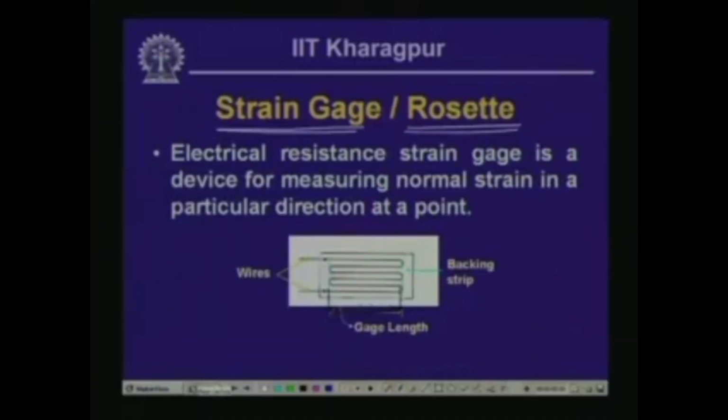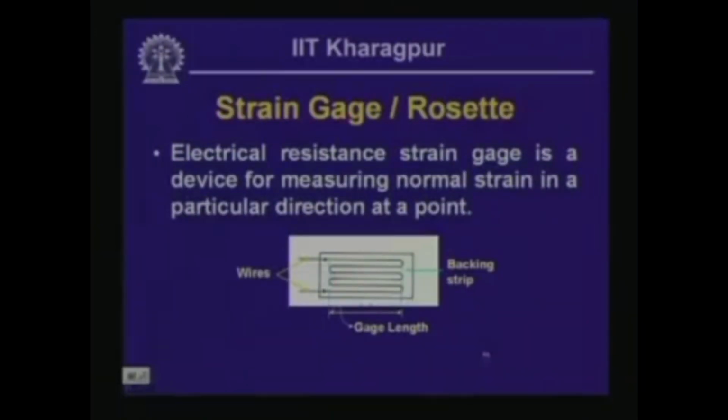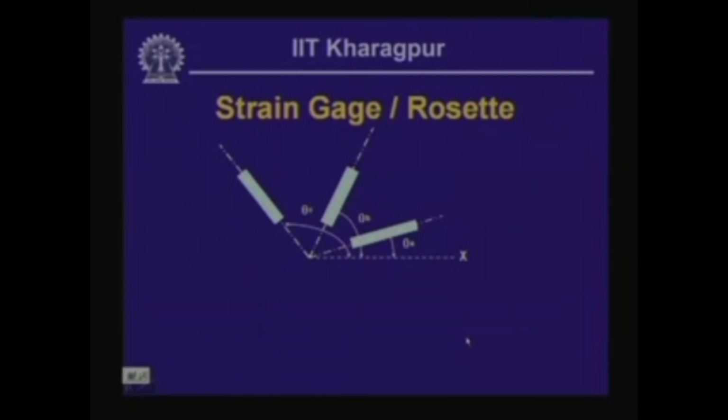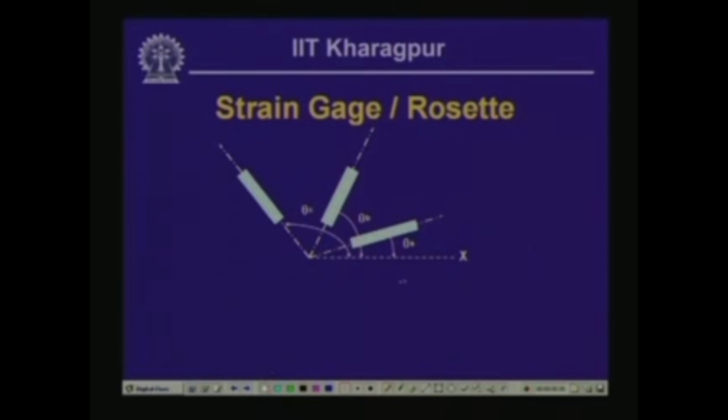Now, let us look into that. As I said, in a plane strain we need to have three quantities: epsilon x, epsilon y and gamma xy.